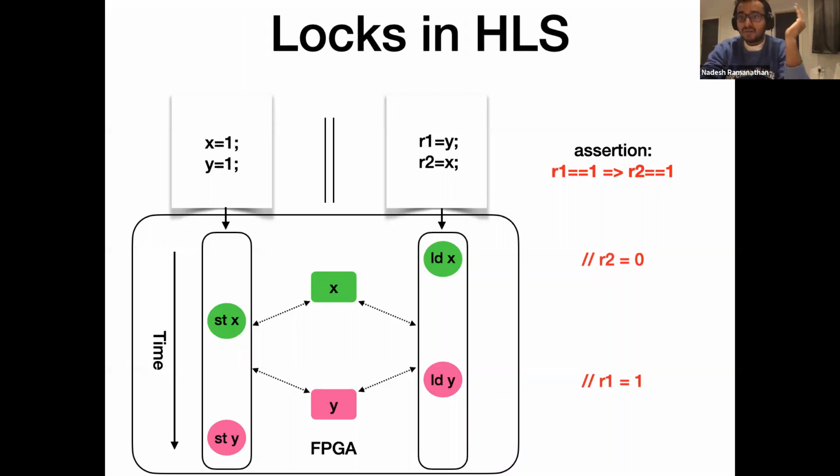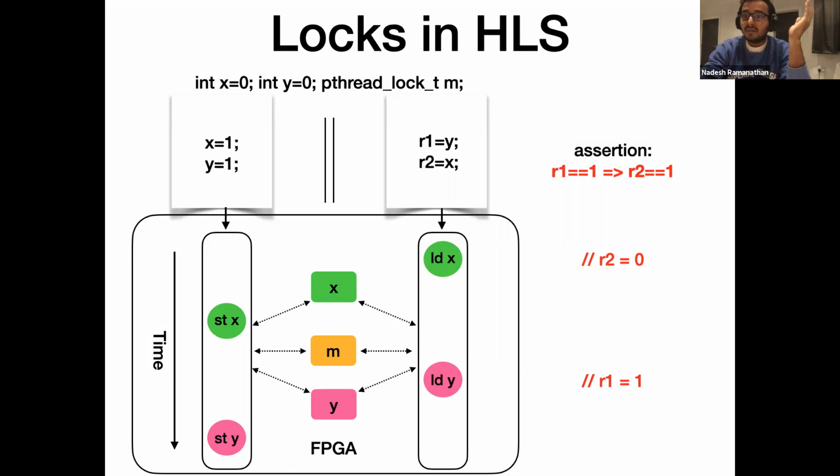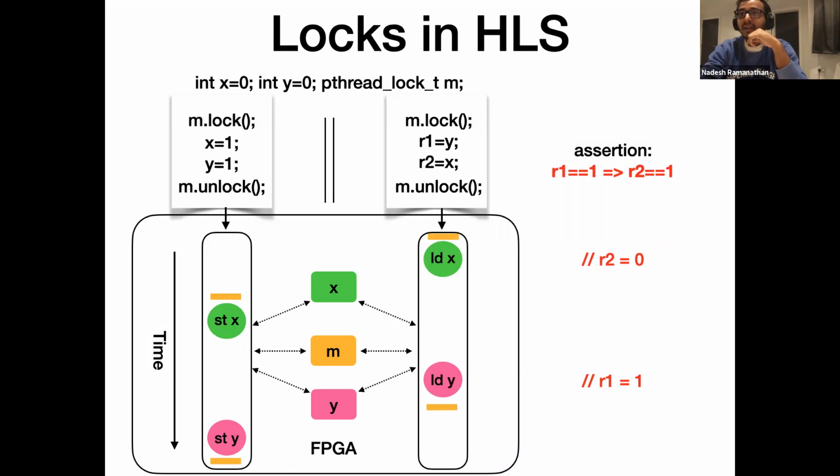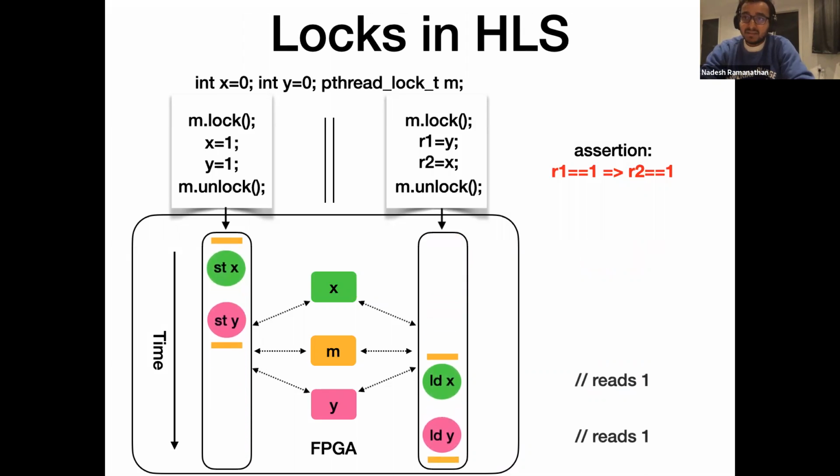It guarantees locks. When you use a lock, let's say a pthread mutex M, you have to inject locks and unlocks. This will realign your memory accesses and make sure that you never break the assertion, and you always obey SC behavior.